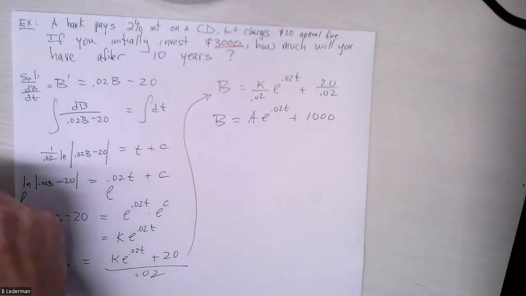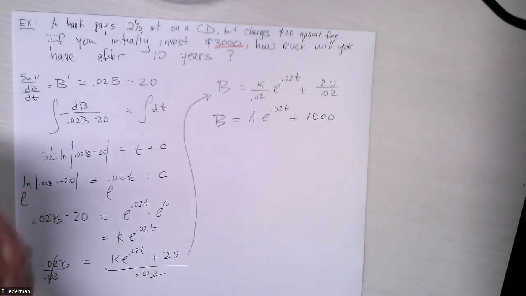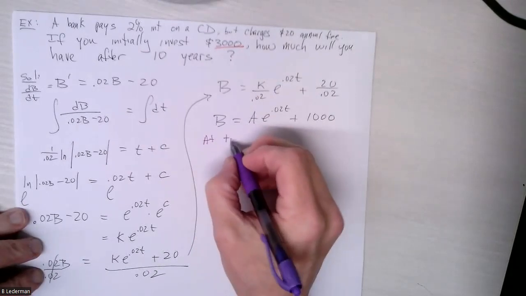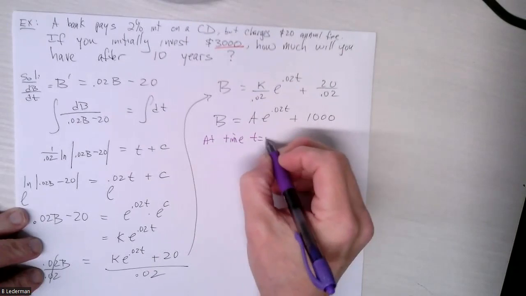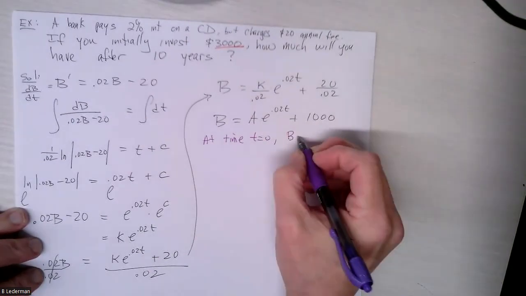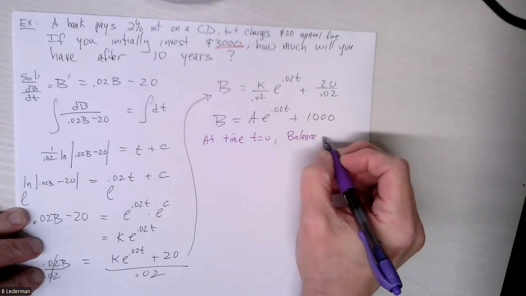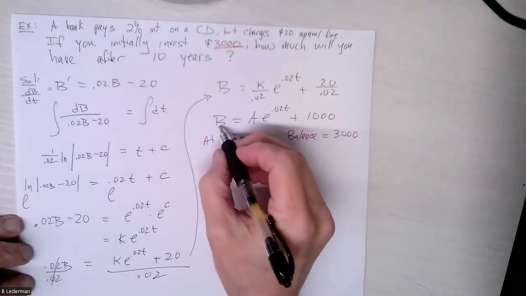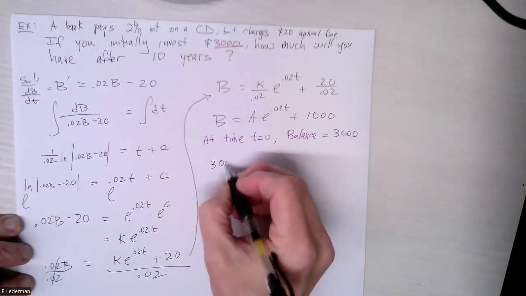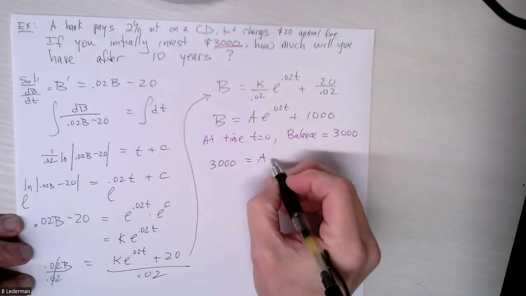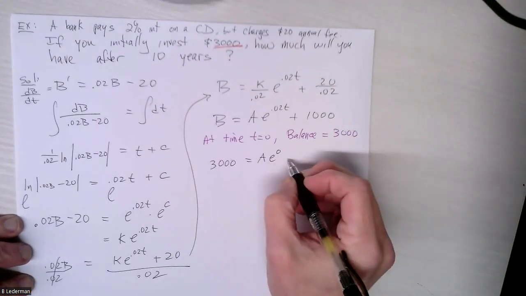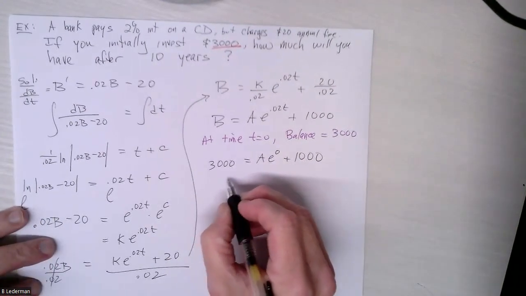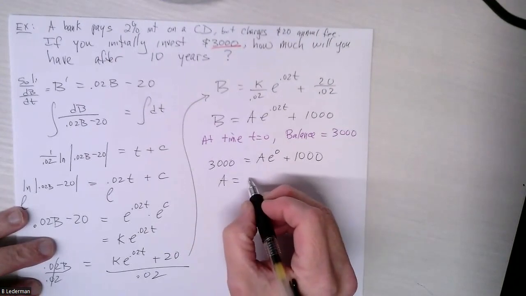So at time t equals 0, the balance was equal to 3,000. So that means I could say 3,000 equals a times e to the 0 plus 1,000. Well, e to the 0 is just 1. So a is just going to be 2,000.